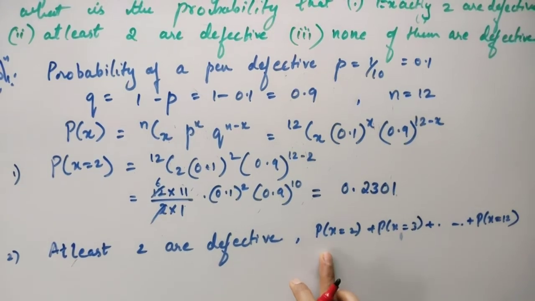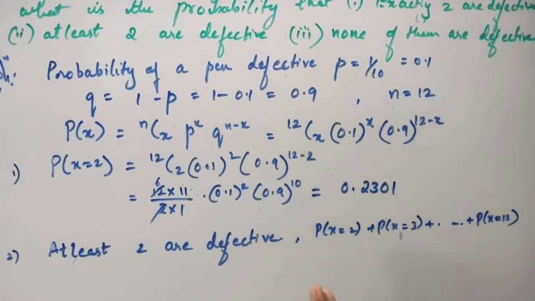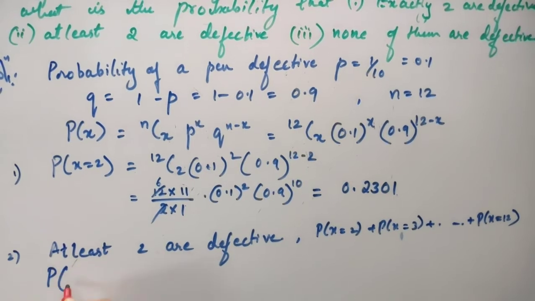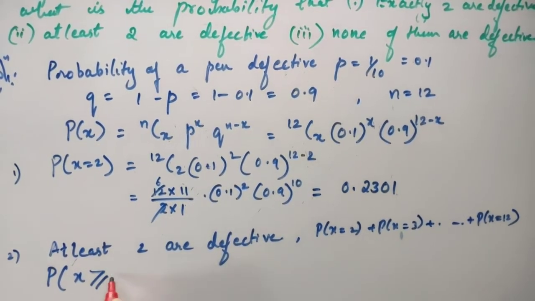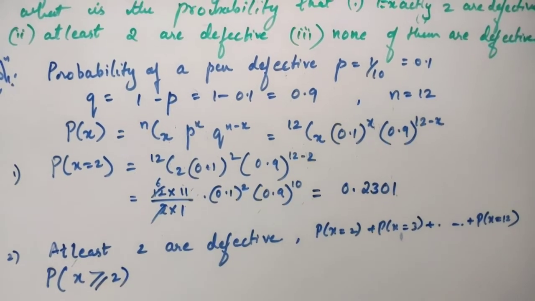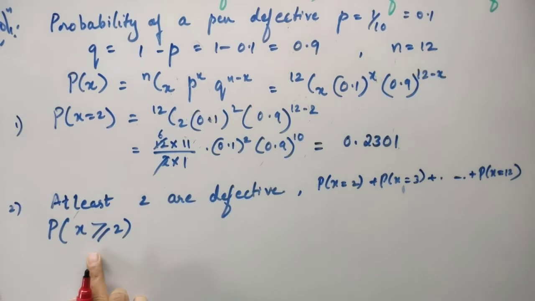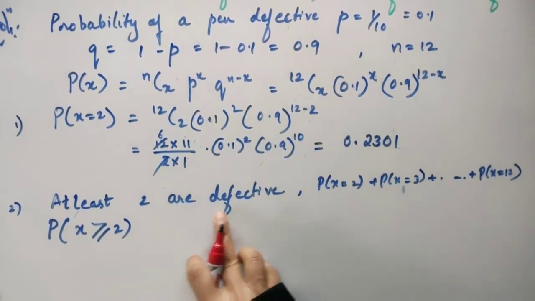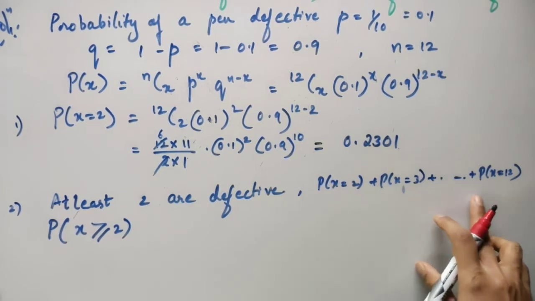But you know that the sum of all the probabilities is equal to 1. So we can easily evaluate it. The probability of at least 2 defective, mathematically, is P of x greater than or equal to 2, that is 2, 3, 4, up till 12.